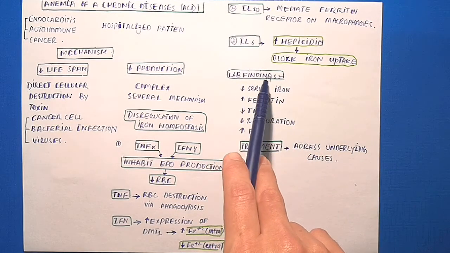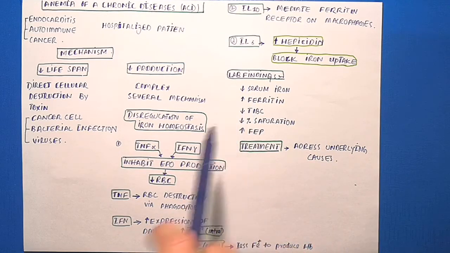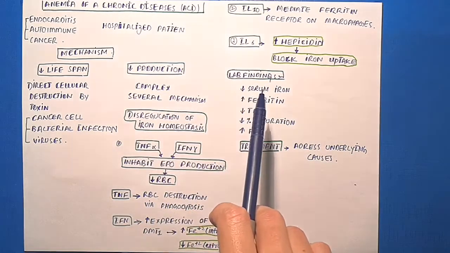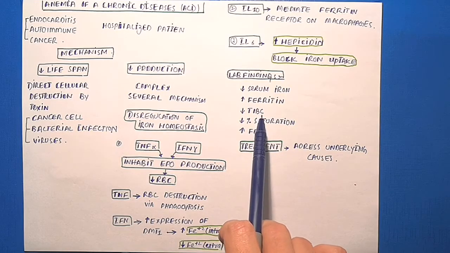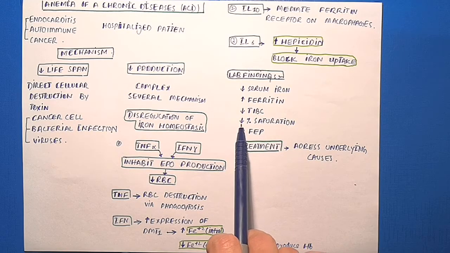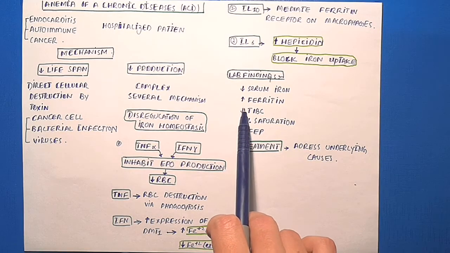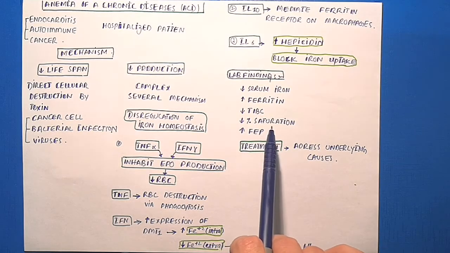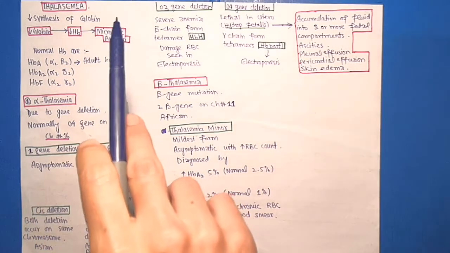The lab findings: decrease in serum iron and increase in ferritin level, meaning iron stored in macrophages and liver, decrease in TIBC, meaning transferrin molecules in the blood, and percentage saturation is also decreased because of decrease in TIBC and increase in ferritin, and increase in FEP, the free erythrocyte protoporphyrin.